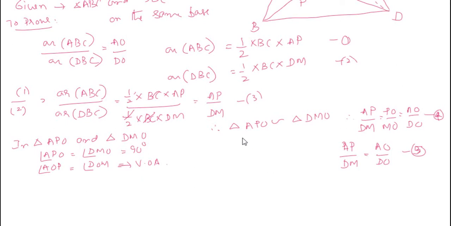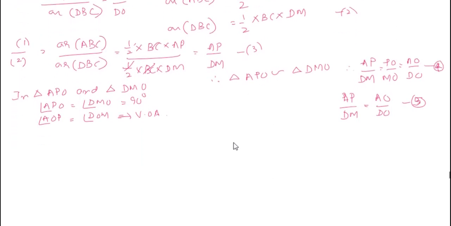Now from 3 and 5, area ABC divided by area DBC is equal to AP by DM, but we have proved AP by DM as AO by DO.